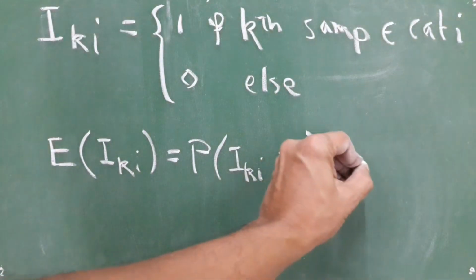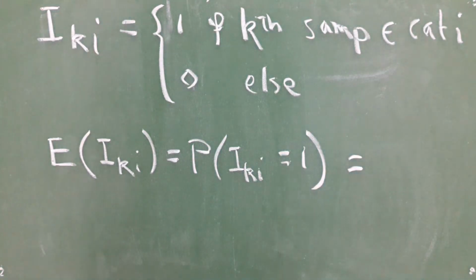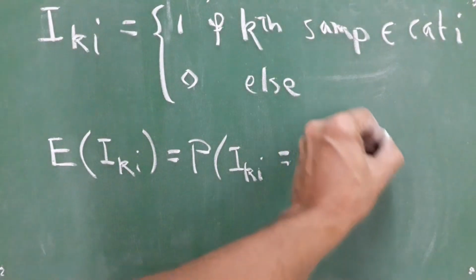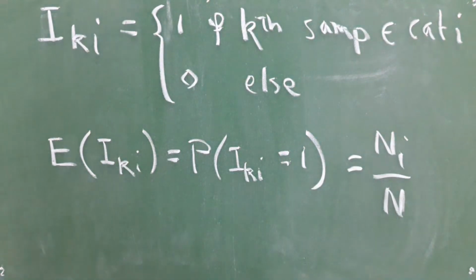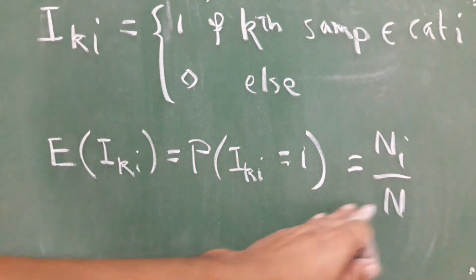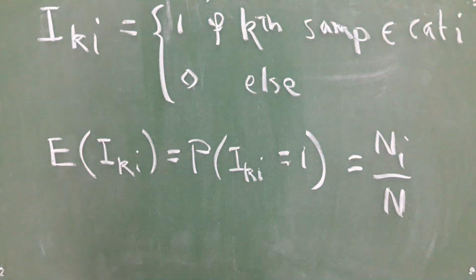And that is pretty straightforward, that it should be Ni by n. Because the kth sample could be anything of the n population entries, and the chance that it will come from category i is just Ni by n. And that holds for any k.